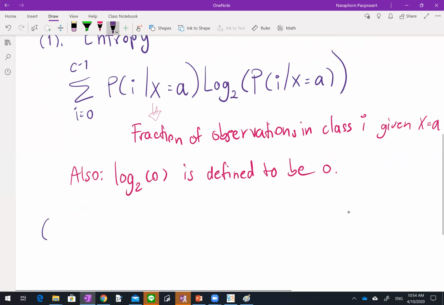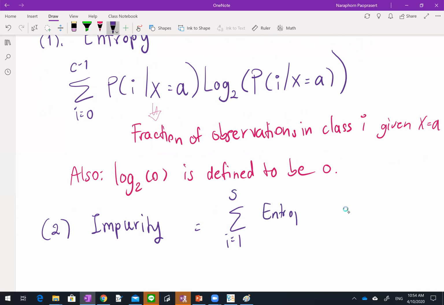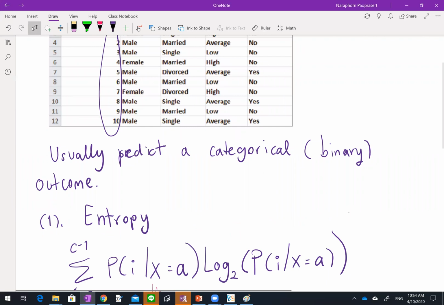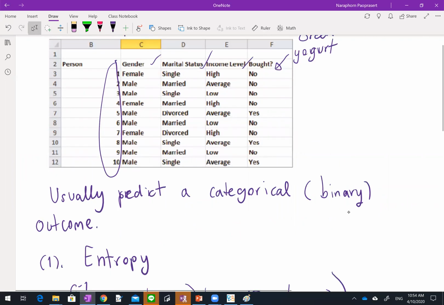The second calculation that we need is called impurity, and this is just a summation, i from 1 to s, of the entropy of i times Ni divided by N, and we'll do the example in just a minute. The example that we will do is from this example right here.